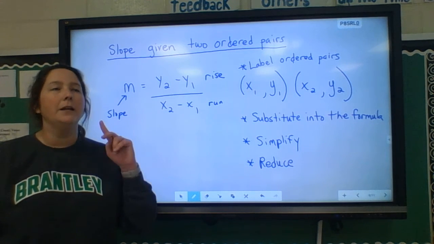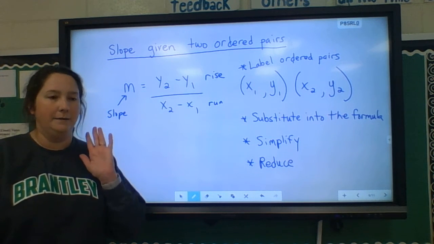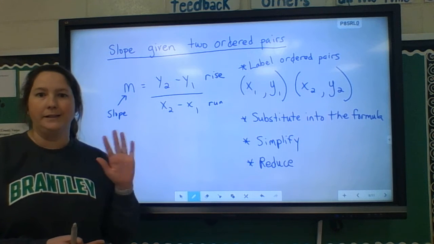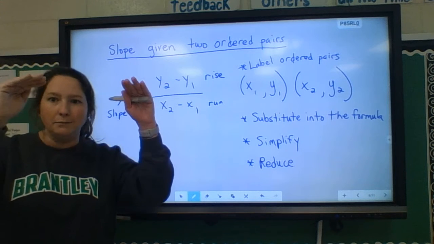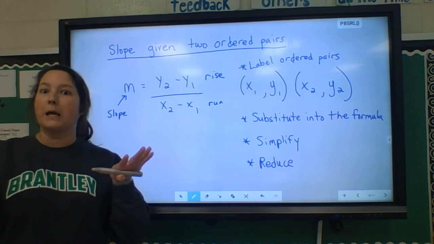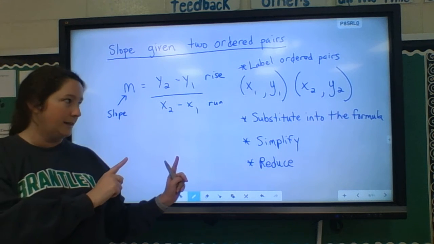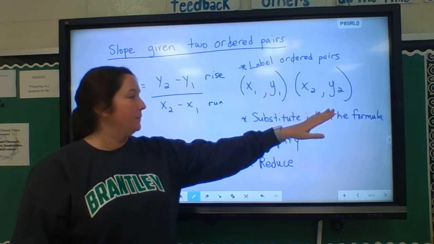That's probably the most mistake made on the quizzes and tests. What's everybody do? Put X's on top and then the Y's on bottom. Can't do that. Gotta put the Y's on top, the X's on bottom. All right, so here's what I always do.